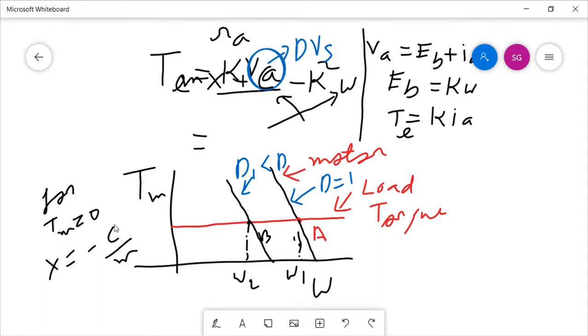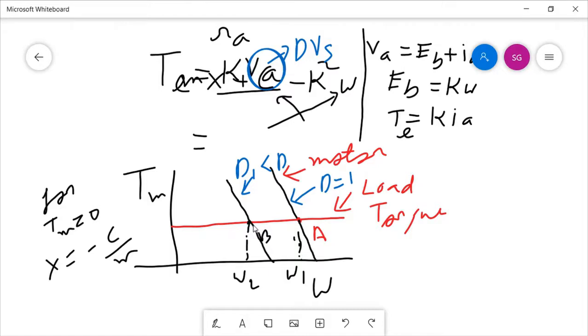So as per the C changes, the point shifts from this point to this point, and therefore this characteristic shifts to change the operating point from A to B. Now this is easier in a DC motor because we have decoupling between armature winding and field winding.